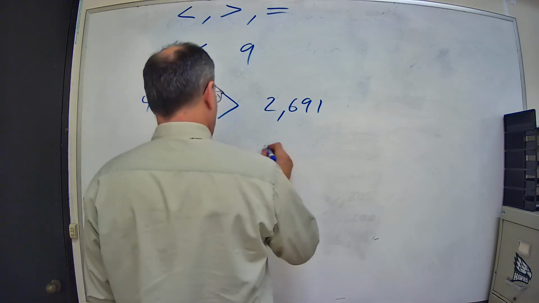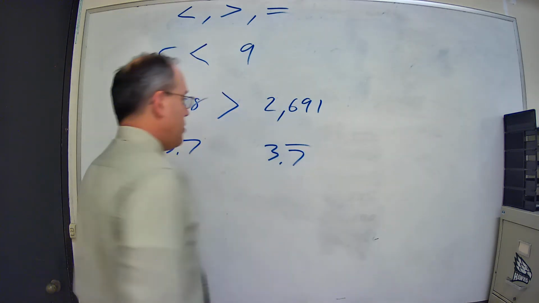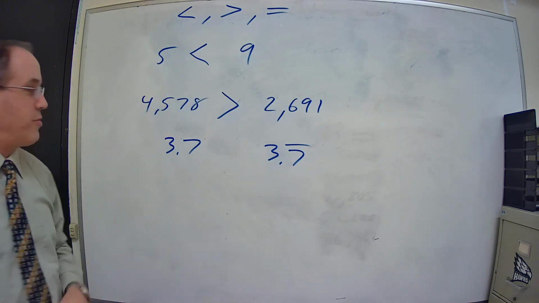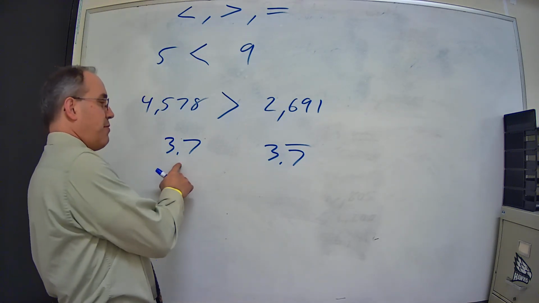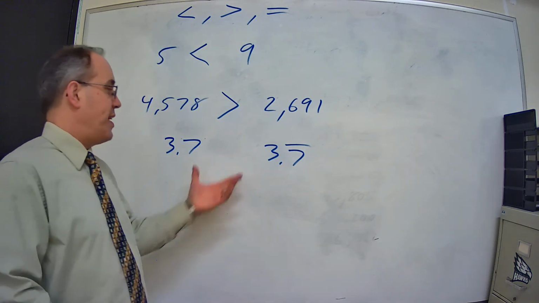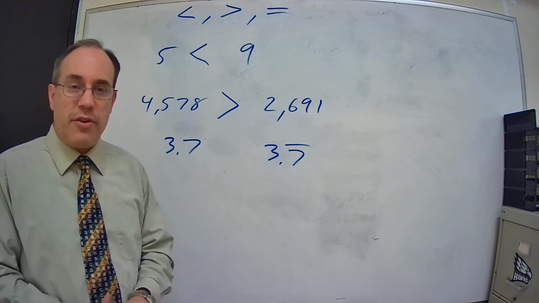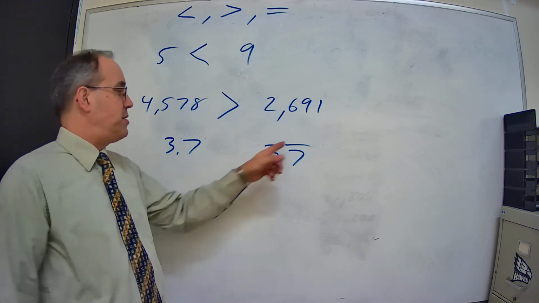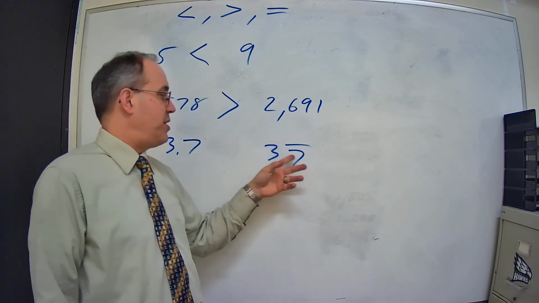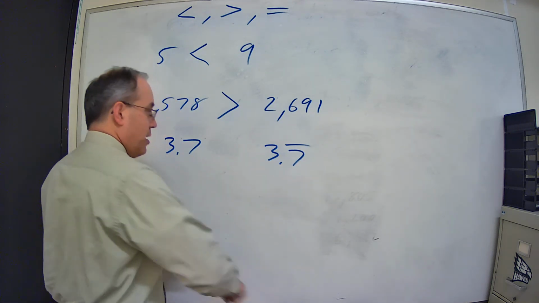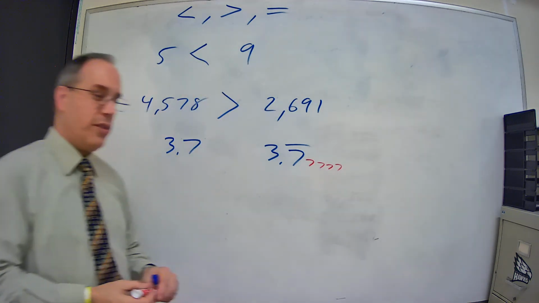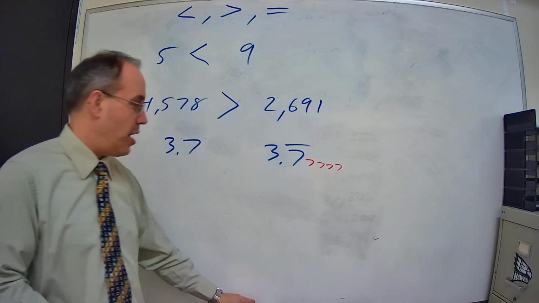3.7 and 3.7 repeating. Again, let's use one of these order relations to make a true statement. Are they equal? Is one bigger than the other? Well, what does this repeating bar mean? That means that this 7 is going to be repeated. So really, this is 3.7777, right? There's all these 7's continuing on.